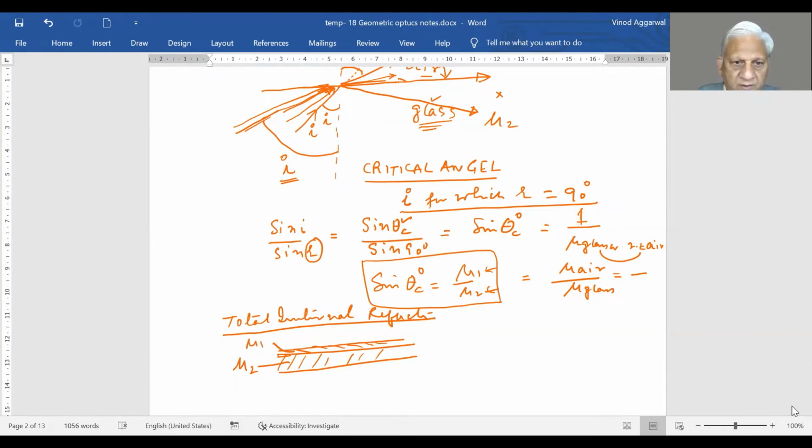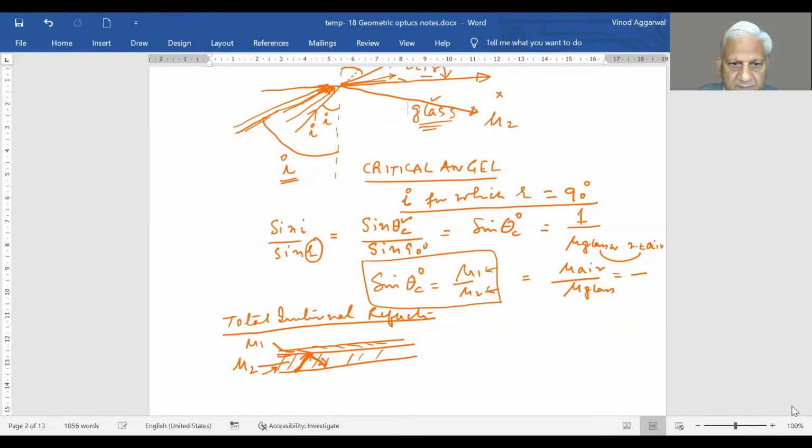Now, if we send an incident light ray in such a way that this is more than our critical angle, what will happen? The ray will go like this, and instead of refracting, it will come back.